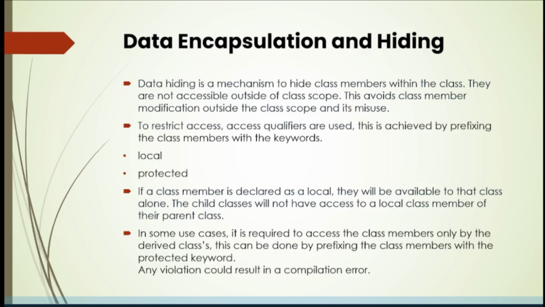But there may be cases where you don't want to change the values in the parent class variables. That means you have taken some 3 or 4 variables within your parent class and you don't want any of the child class members to touch those properties. So what can you do? Is there any way to make it untouchable? Yes, there is a way. We can do that.